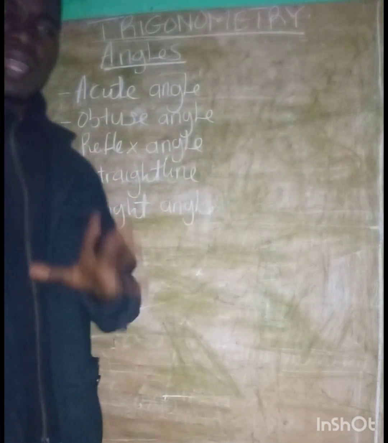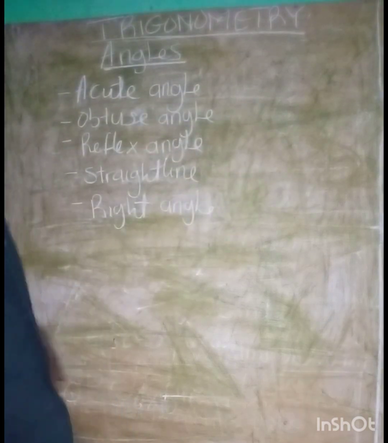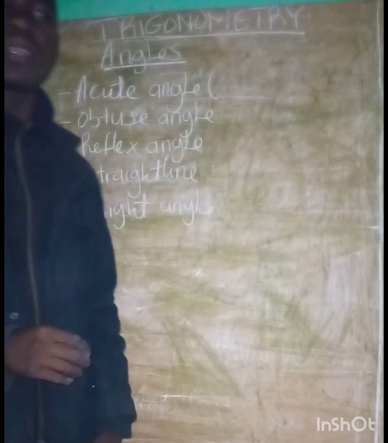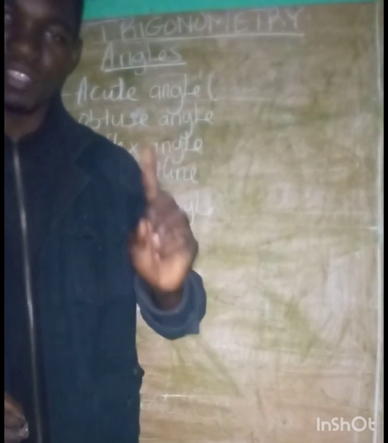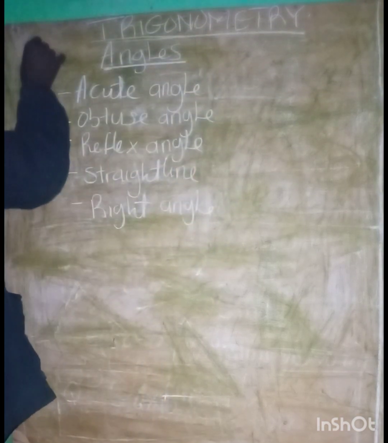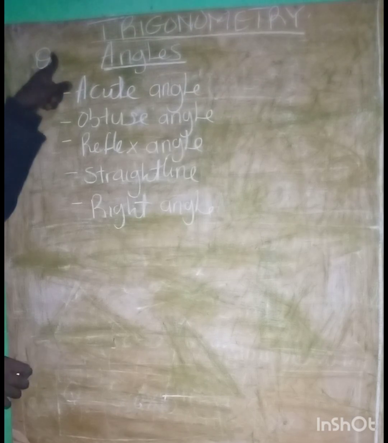Now let's look exactly at how each of these angles is defined. An acute angle is an angle which is more than 0 degrees but less than 90 degrees. Let's denote angles with the general symbol theta.